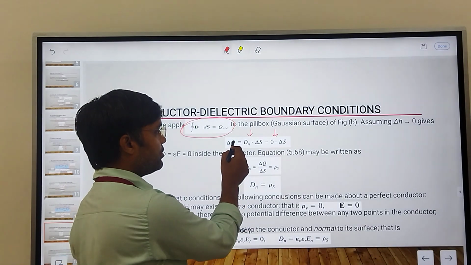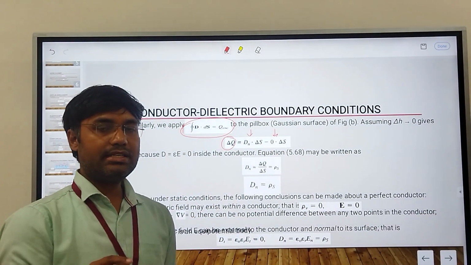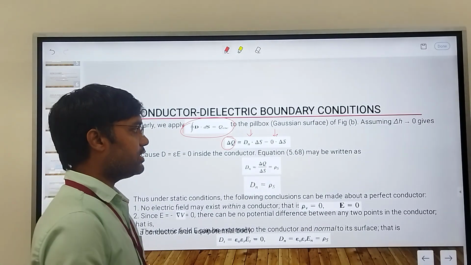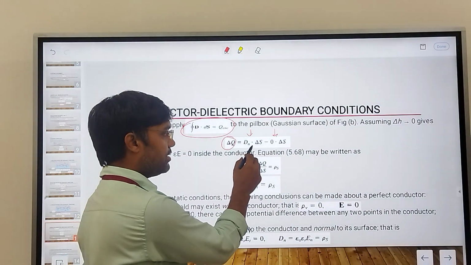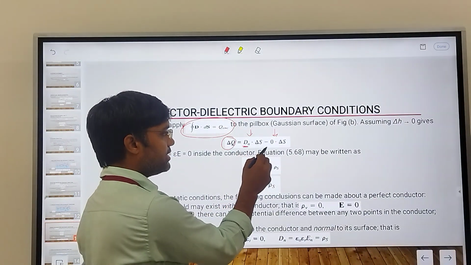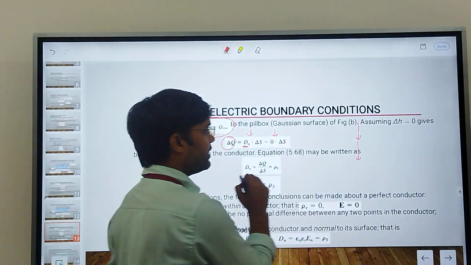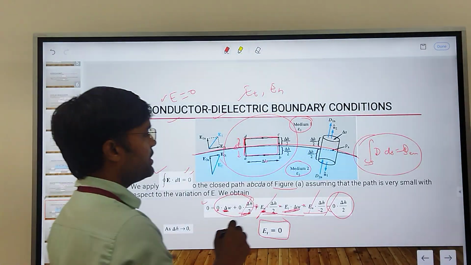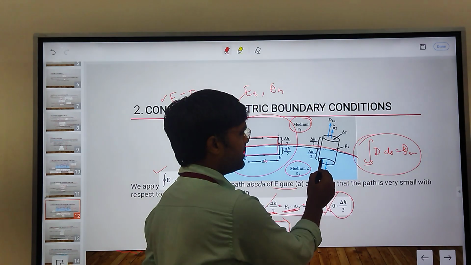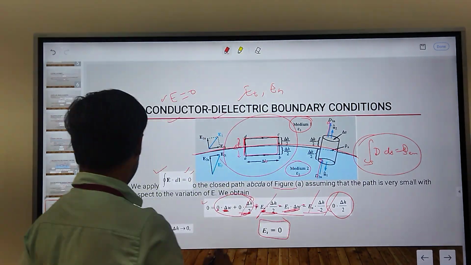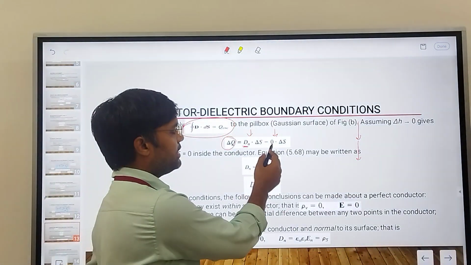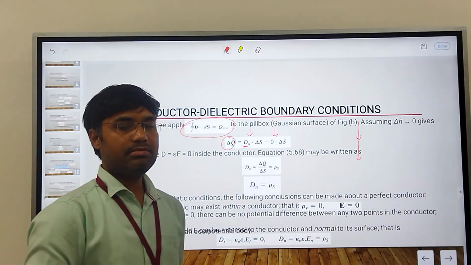And that is equal to the charge remaining inside that surface, or differential charge delta Q. So delta Q equals D_n, the normal component, times delta S, because charge is entering here and exiting here. Leaving is taken as negative and entering is taken as positive.